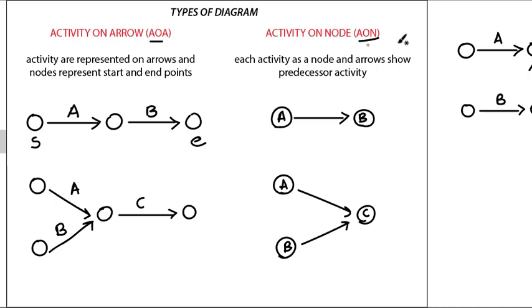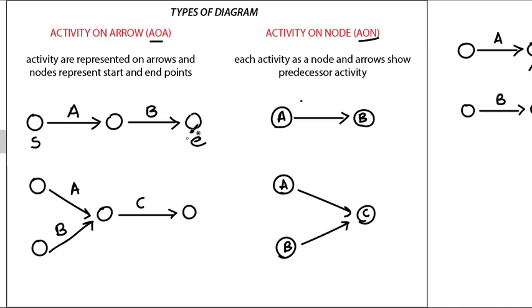While in activity on node, each activity is a node and the arrow shows the predecessor activity. So for example, in this, the node represents the activities, like A is in this node, B is in this node. So that's the difference. In this you are representing above the arrow, and in this you are representing in the node.